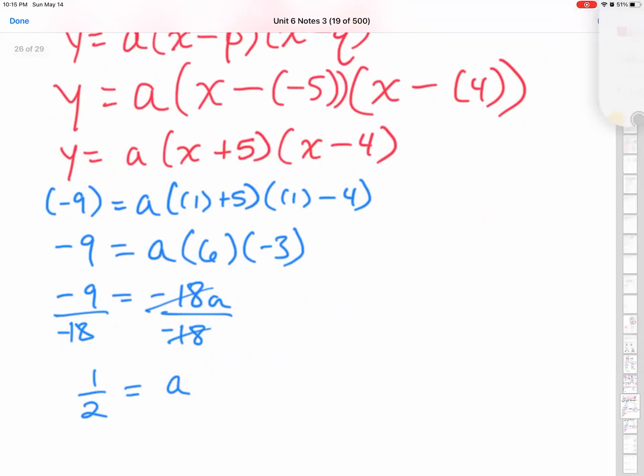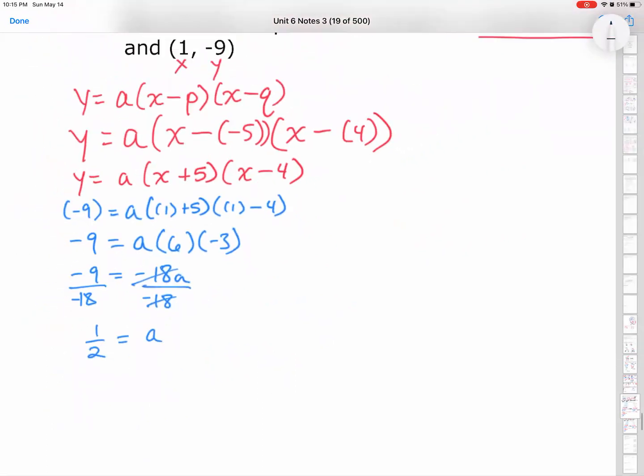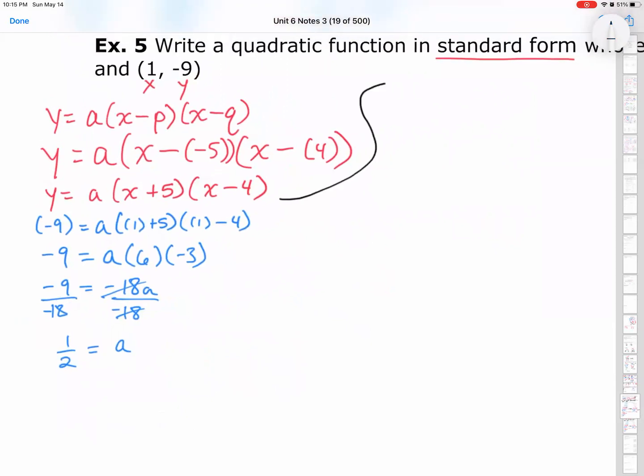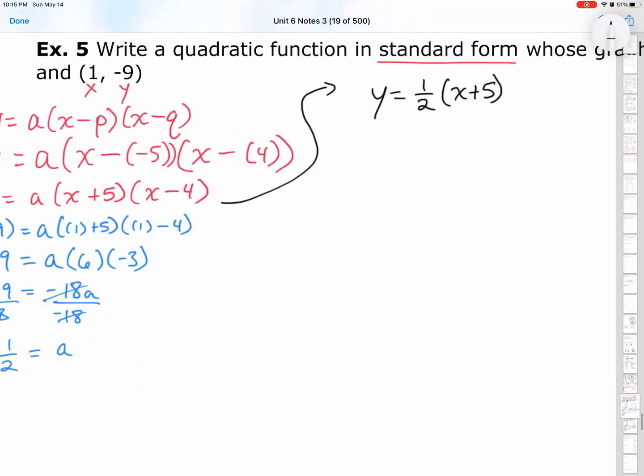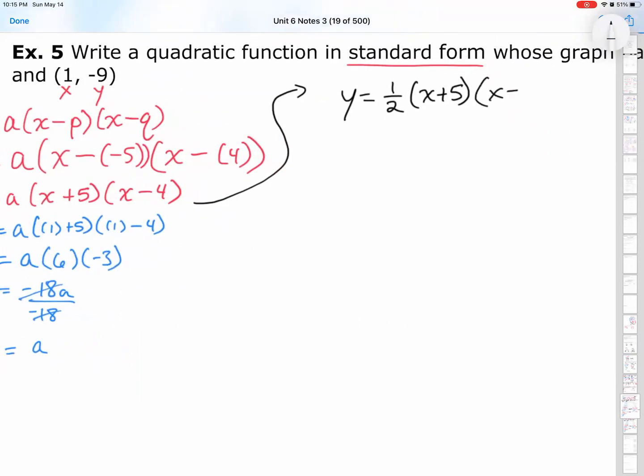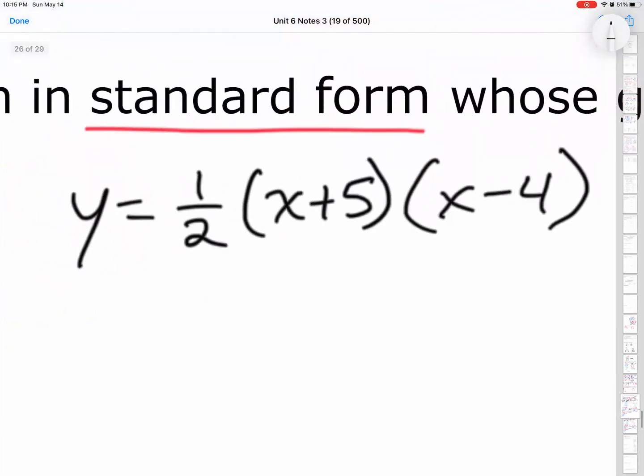Now we'll go ahead and rewrite our equation, just like we've been doing in the past. So we have y equals 1/2 times x plus 5, and then x minus 4. Okay, so now this is in intercept form, but they ask us to put it into standard form.